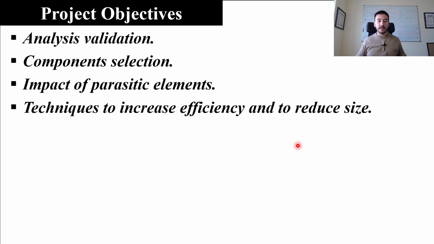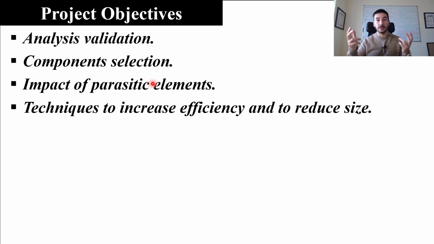Well, let's see the objectives of this project. First of all, we want to validate the analysis that we have performed in previous videos where we consider ideal conditions. Then we want to see how we choose the components for a real buck converter. We also want to evaluate the impact of the parasitic elements of real devices.